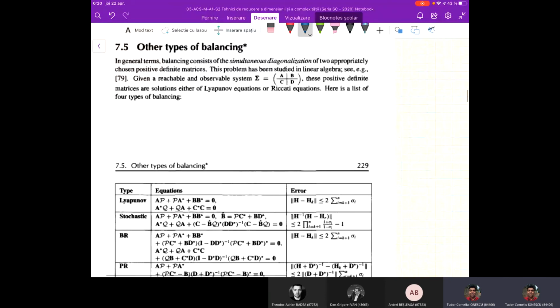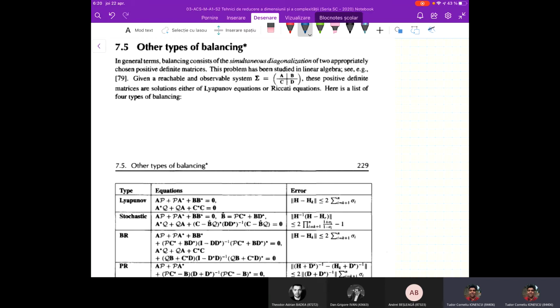Then you can also have other types of balancing, and this is where I wanted to get to. Until now, we have been discussing only the possibility of performing model order reduction for stable systems. But this is not necessarily the case, because you might run into non-stable systems, you might run into passive systems, you might run into all sorts of systems with all sorts of properties.